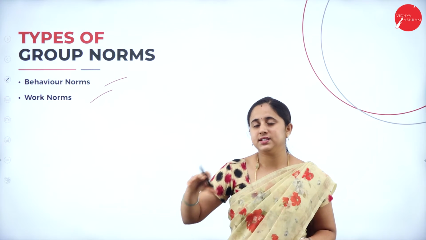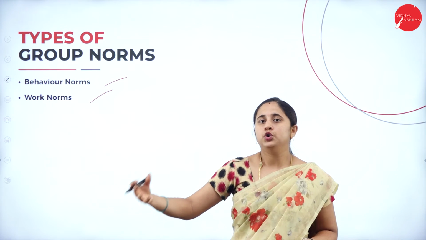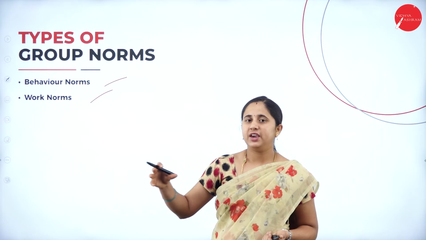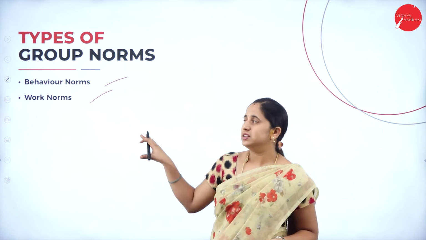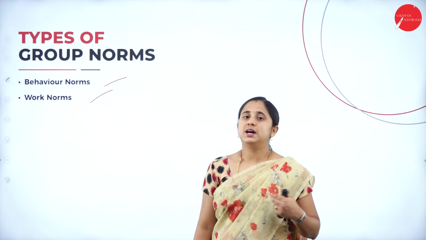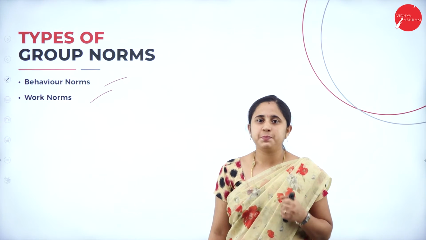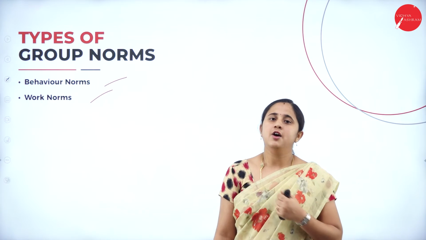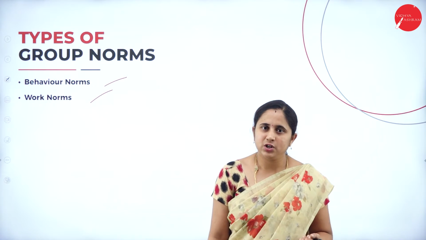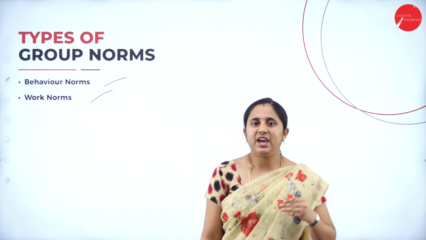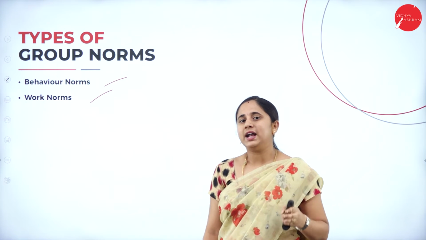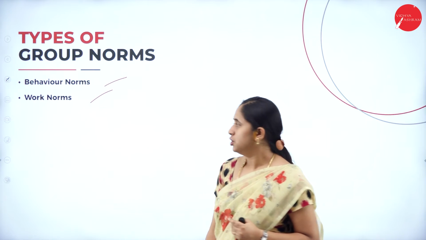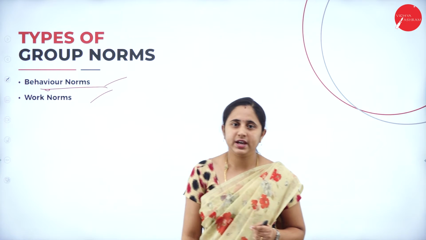In behavior norms, some professionalism is expected from the individual. Based on these rules and guidelines, you can predict the professionalism of the individual. It is related to behavior norms.